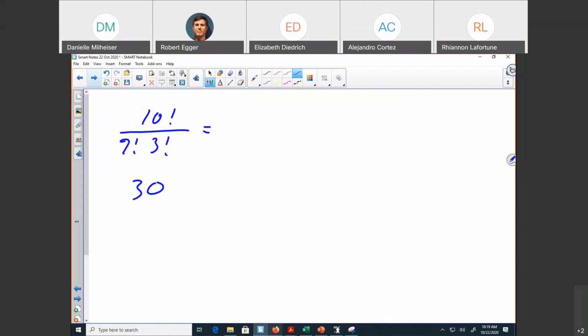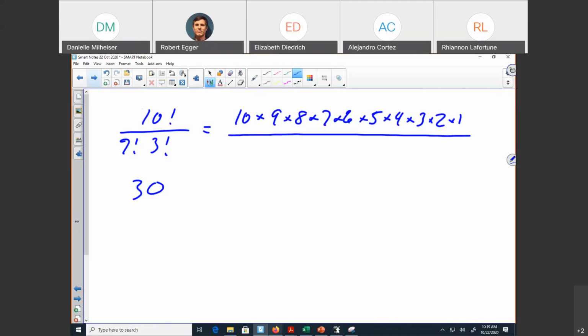What factorials are is basically saying I want to multiply together all those numbers. That's 10 factorial over 7 factorial times 3 factorial.